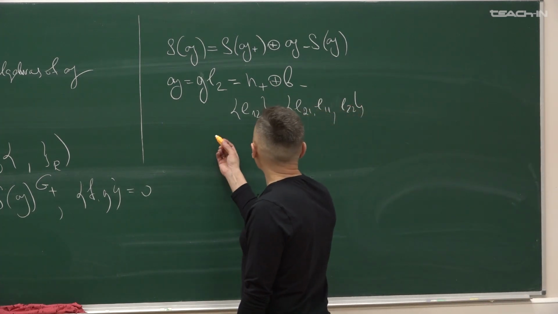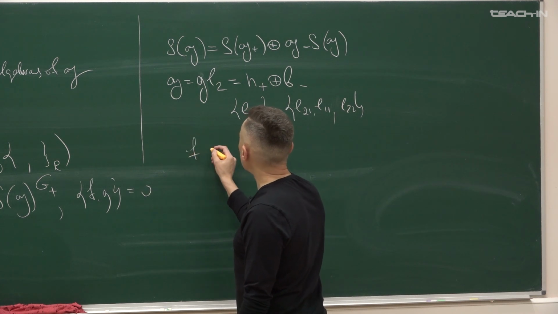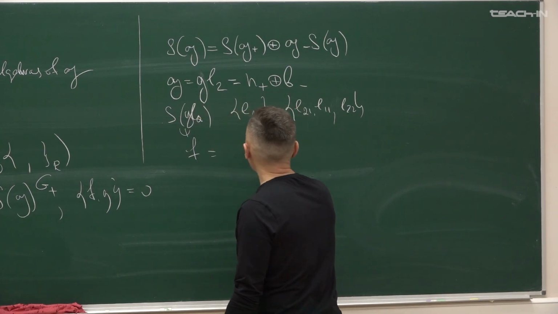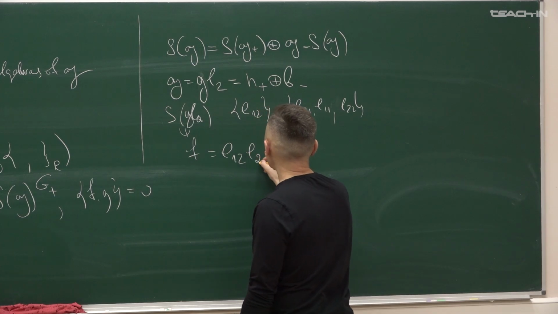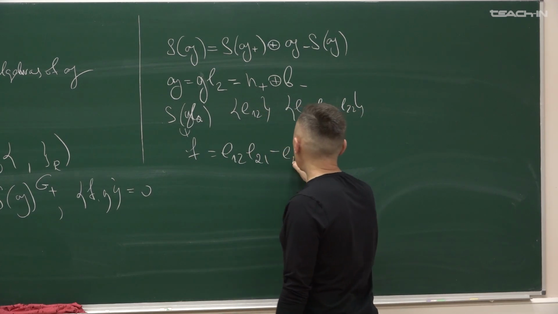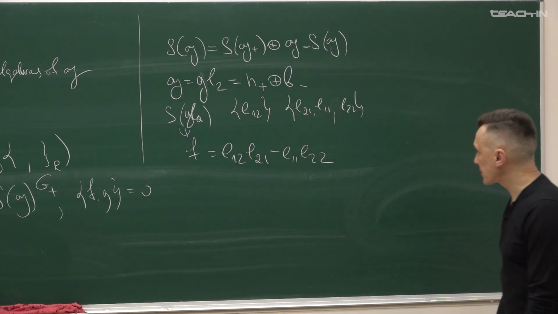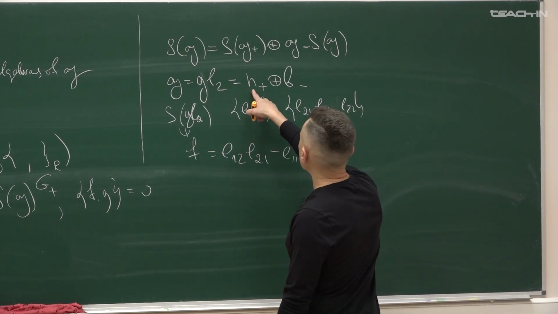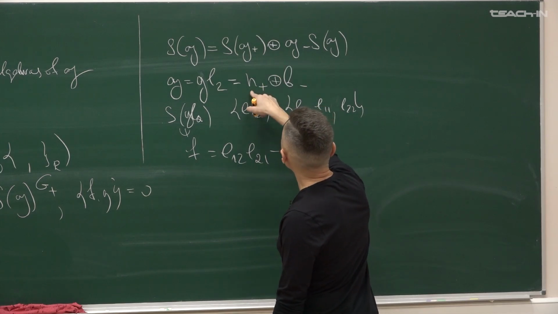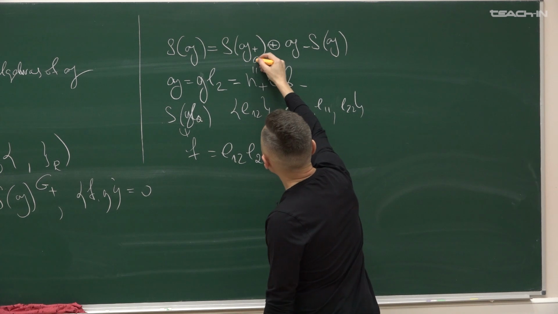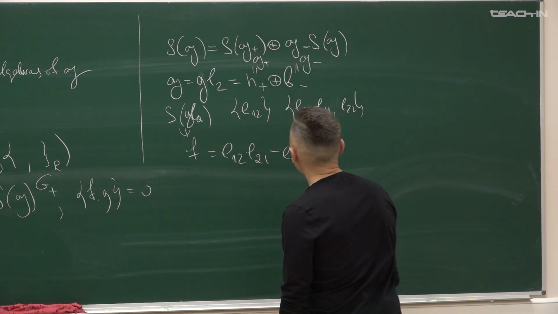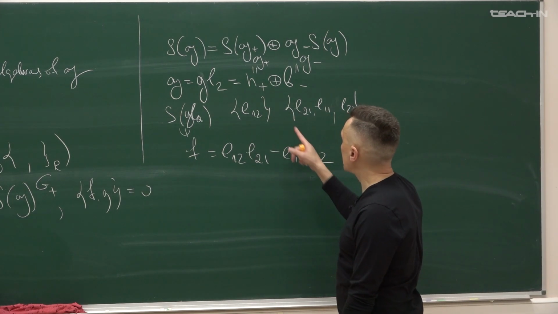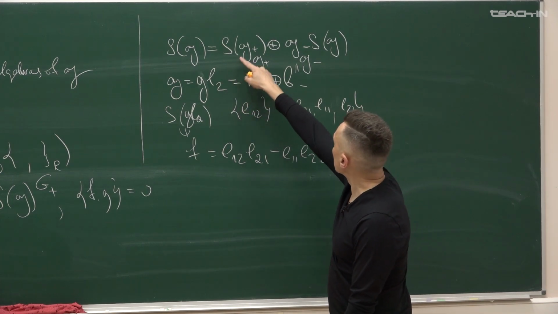Then, for example, if we consider some polynomial f from S of GL2, which is, I don't know, E12 E21 minus E11 E22. Suppose that this element is in G plus.